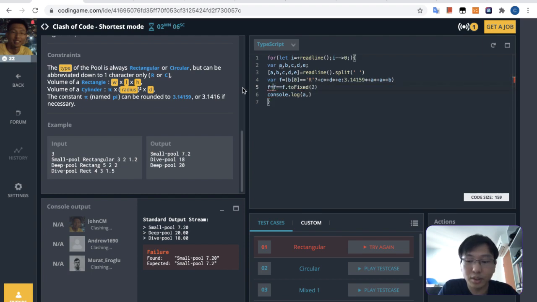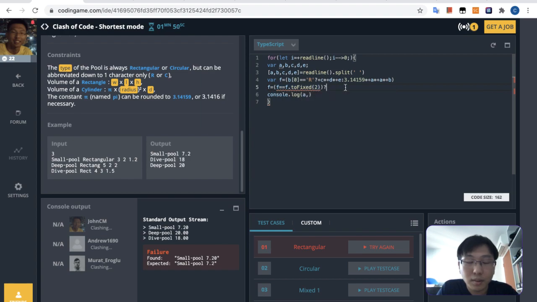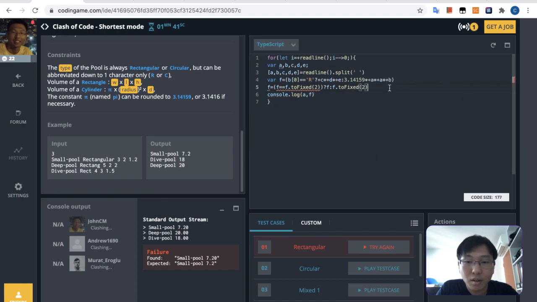Okay, actually we could just do this. F equals this one. Does it equal? If it does equal, then it will be, what's wrong with this? Like that, maybe.